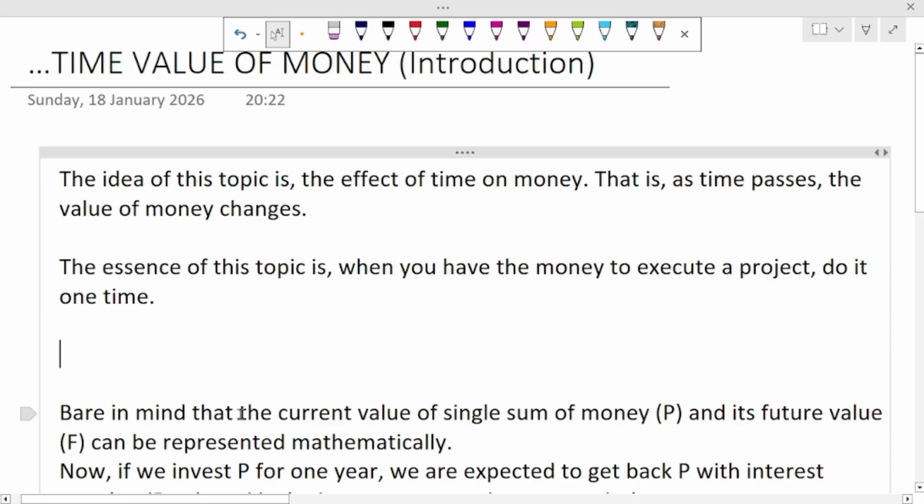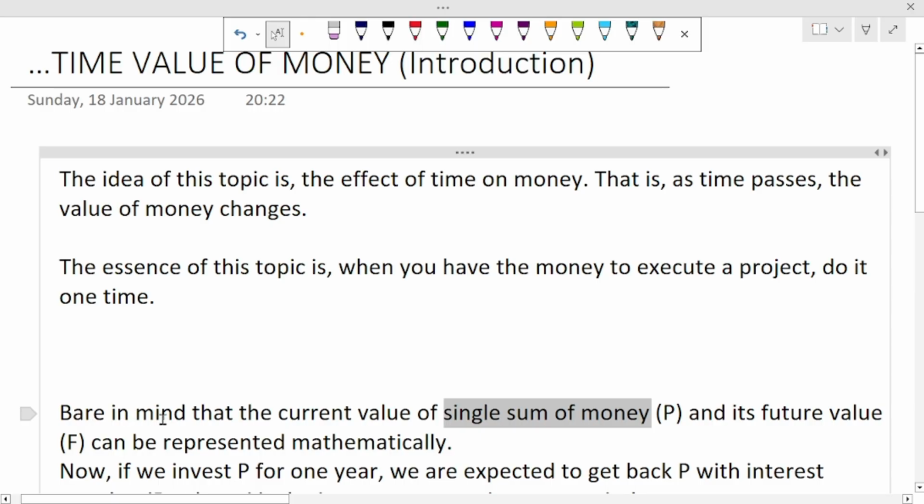Now bear in mind the current value of a single sum of money and its future value. Before we go into any calculation, you see I use P here. Where you see P in our calculation, we are talking about a single sum of money.